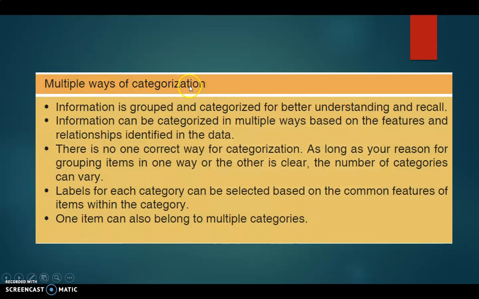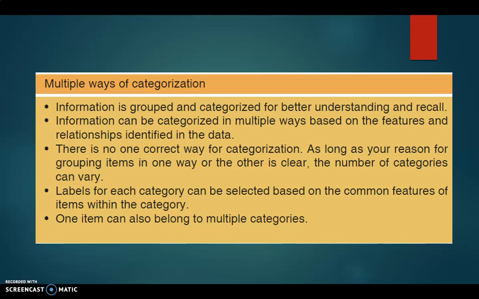Next, multiple ways of categorization. Information is grouped and categorized for better understanding and recall. Information can be categorized in multiple ways based on the features and relationships identified in the data. There is no one correct way for categorization as long as your reason for grouping items in one way or the other is clear. The number of categories can vary.